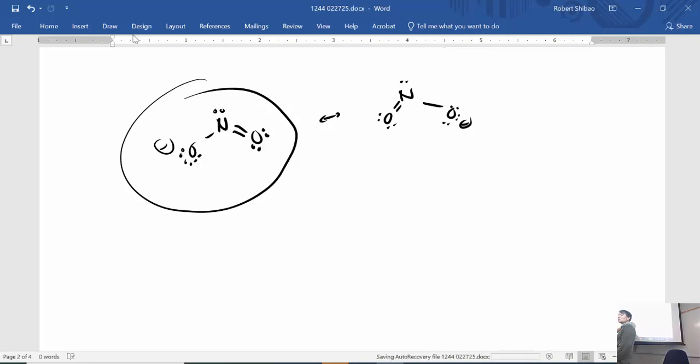Oxygen or nitrogen? If it's oxygen, then which oxygen would be better? The one with the negative charge here. That should be better. However, that's because I called bases negative, right?